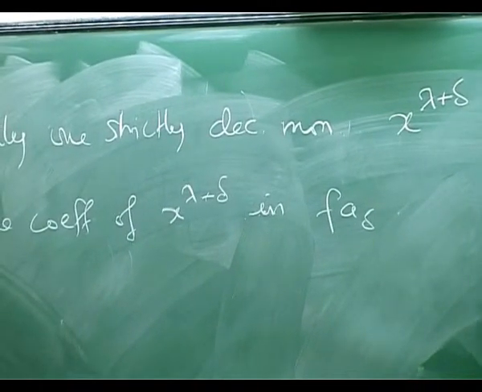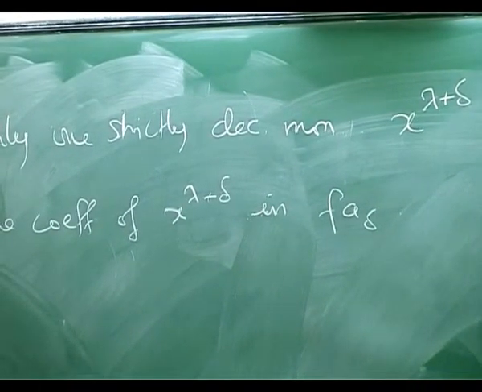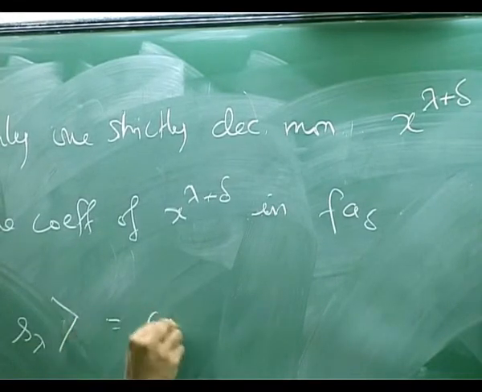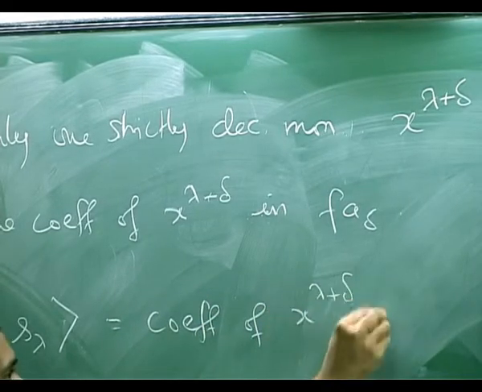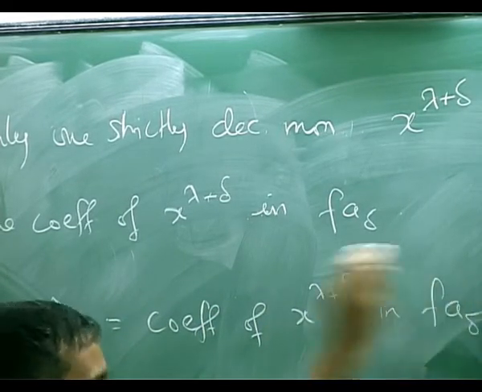If we want to find out f s lambda, then this is the coefficient of x to the lambda plus delta in f a delta.